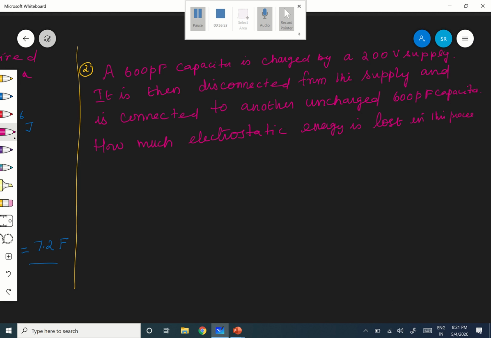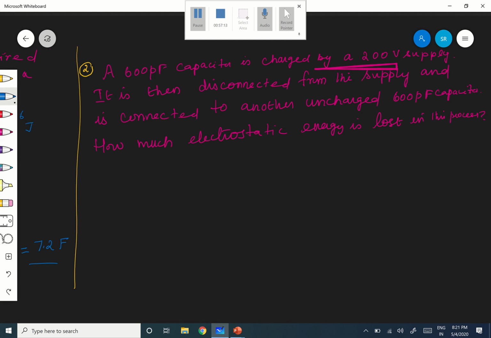Very simple. You have two capacitors, both are 600 picofarad only, but one is initially charged by a potential difference of 200 volt, but the other one is uncharged.